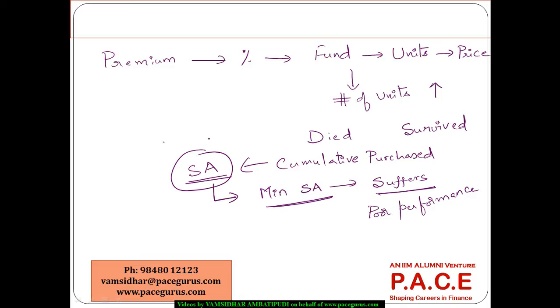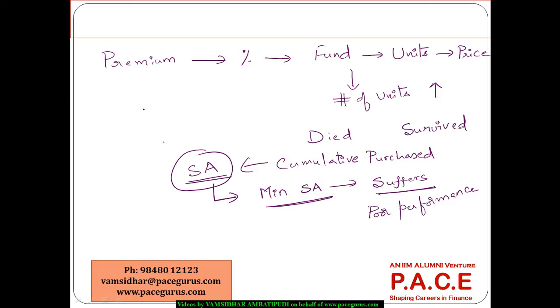But if I am looking at the traditional unit linked kind of a policy, whatever the kind of investment the policyholder has chosen, the part of the premium would be allocated to those investments. And whatever is the way that investment is growing, on the death or the survival of the person, the cumulative value of the units would typically be counted and would be paid to the policyholder.